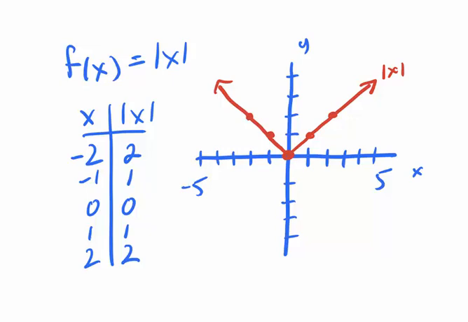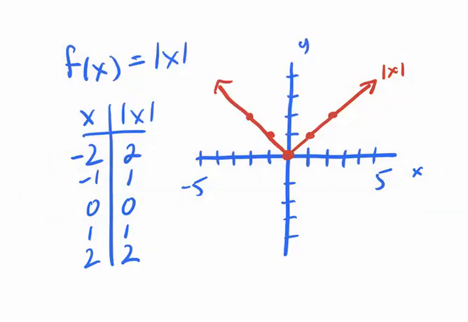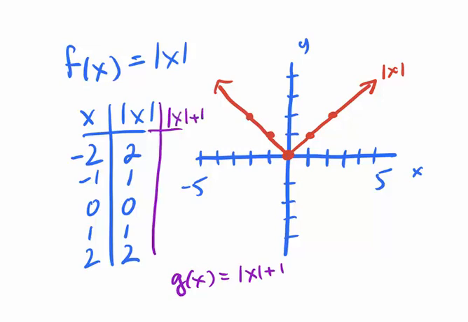Now what if we wanted to do, say, absolute value of x plus 1? Well, really all you're doing is adding 1 to the y values. I could add a column here, and if I were to evaluate these points from -2 to 2, I would first do the absolute value and get the numbers we had for the previous function, and then add 1.